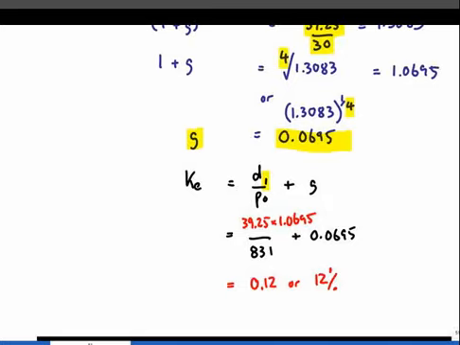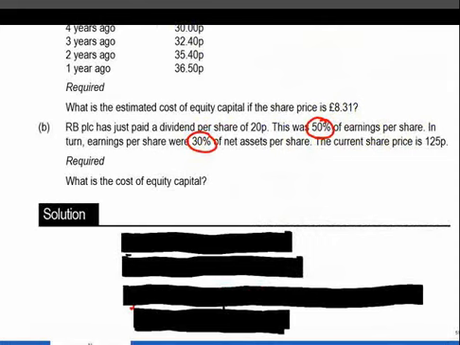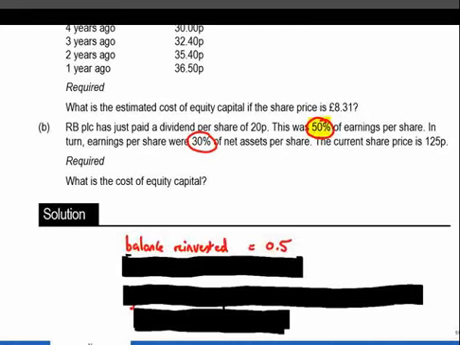But if you're not given historic data, you'll have to look at the amount of money that the company is reinvesting to guess the growth rate. In part B of the example, we're given a situation where there's no historic dividends to use to estimate historic growth. Therefore, we have to look at the reinvestment levels of the company. Here we're told that the company has paid out half of its profits as dividend, so the other half has been reinvested. On these funds, we're told the company is going to generate a return of 30%.